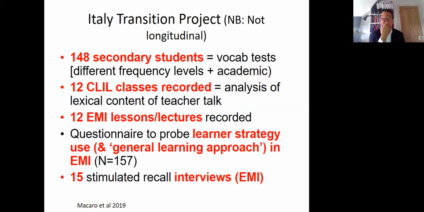So in our Italy study, we gave students vocab tests. These are the secondary students, by the way. And we tried to match those with the lessons that they were listening to or involved in.